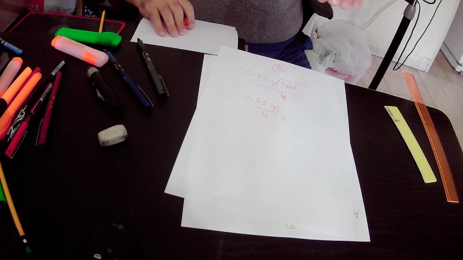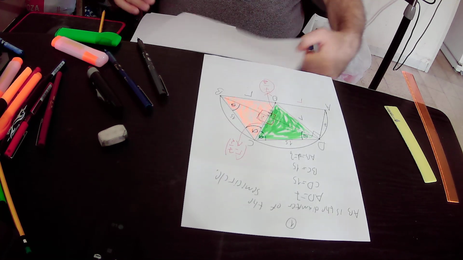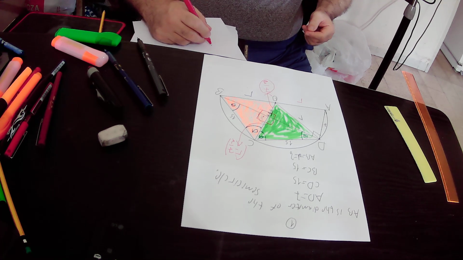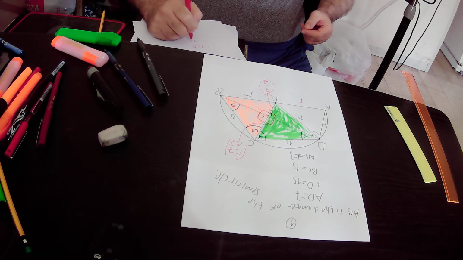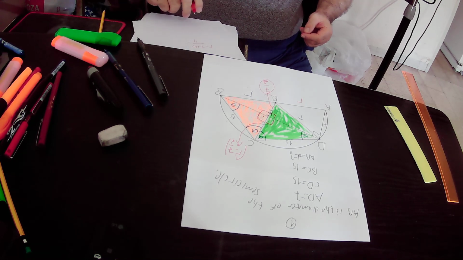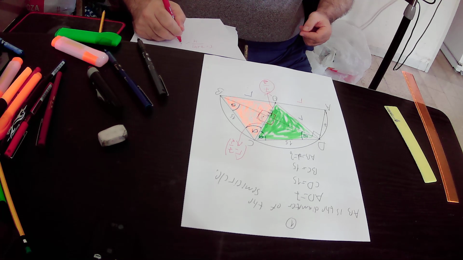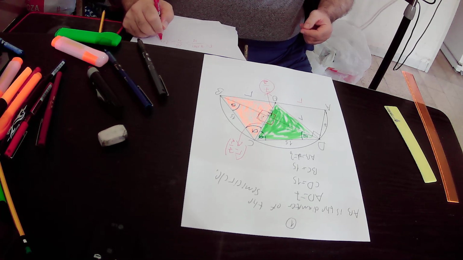Okay, so in total we got that the radius of the semicircle equals to 7 plus minus 43 over 4. So here we will have two solutions for the radius. The first solution will be that r equals to 7 plus 43 over 4, 7 plus 43 is 50. 50 over 4 is 12.5 units.